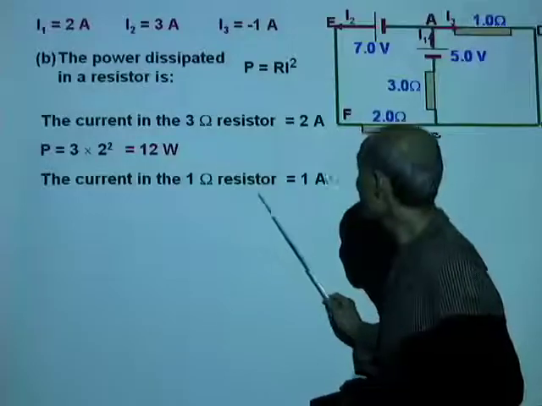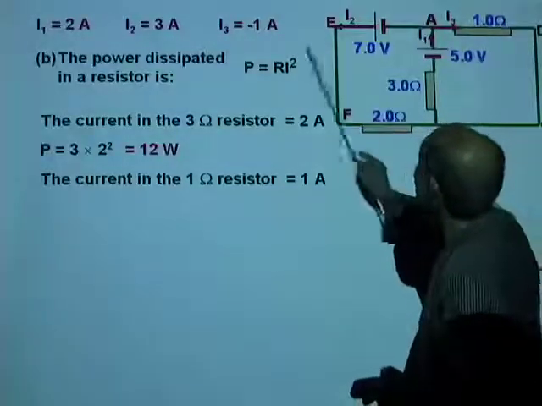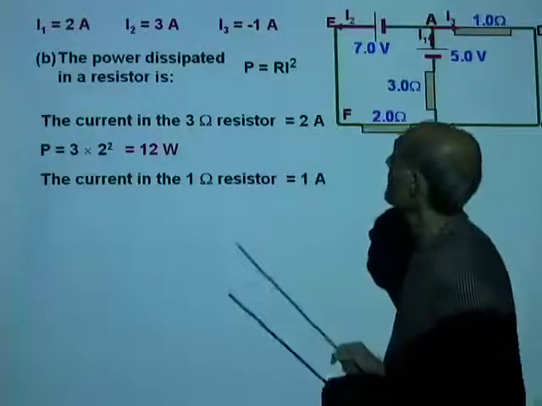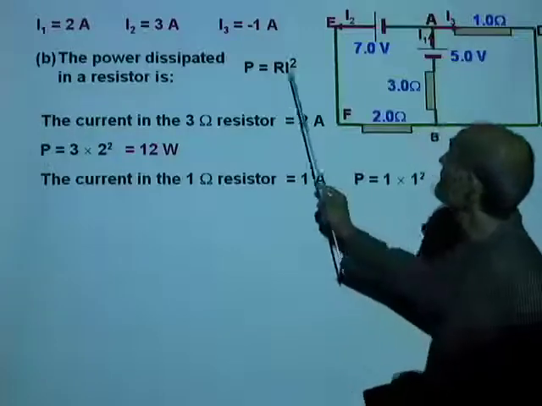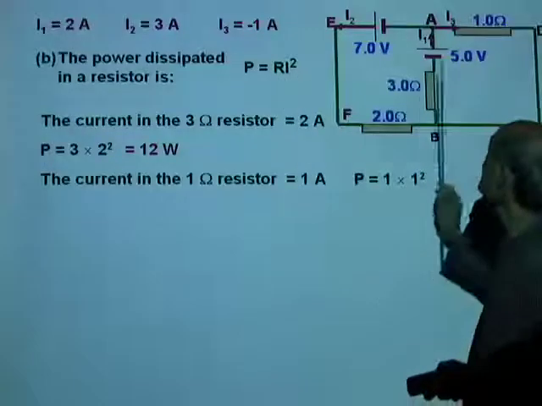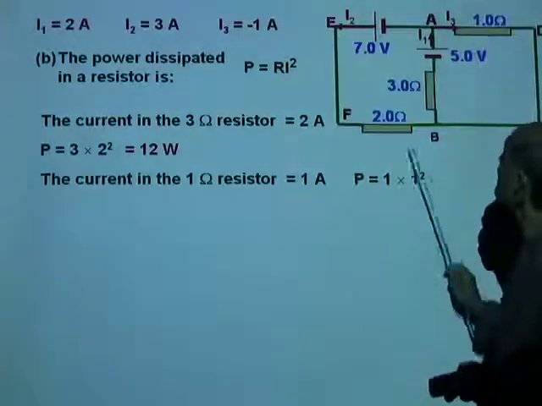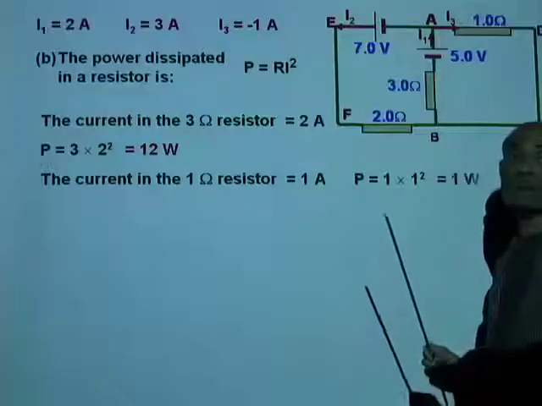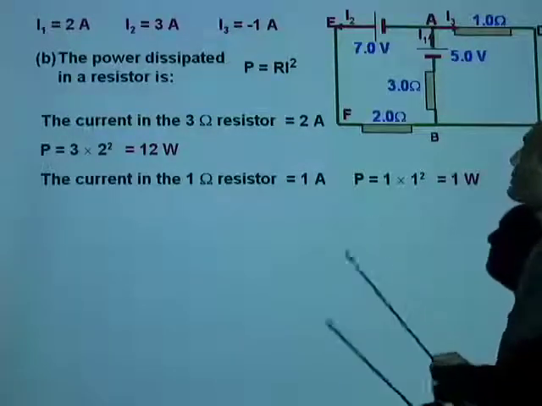The current in the 1 ohm resistor, I3, is 1 ampere. The power dissipated is R times I squared. 1 ohm times 1 ampere squared, that is 1 watt.